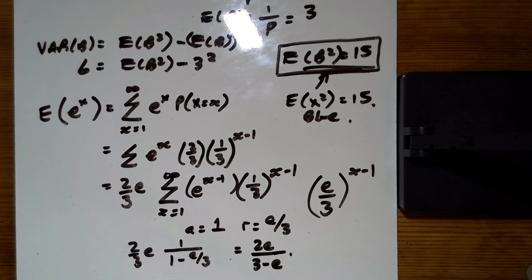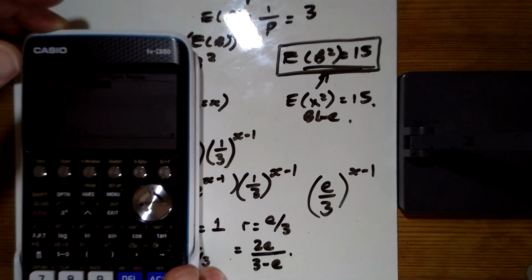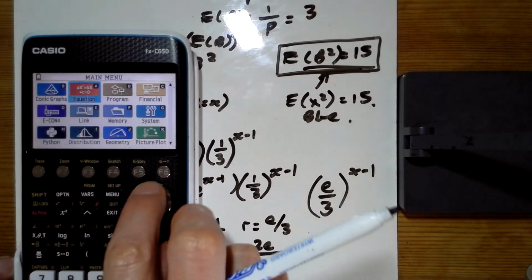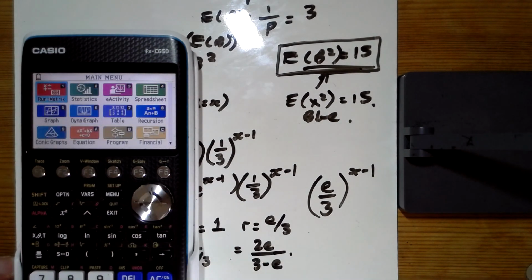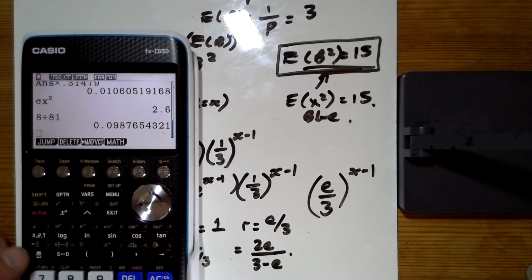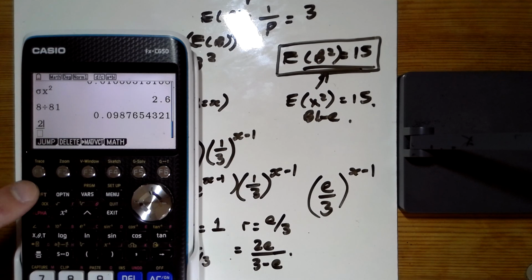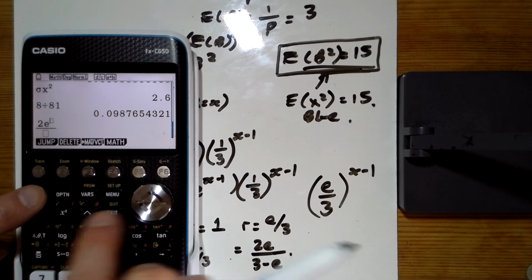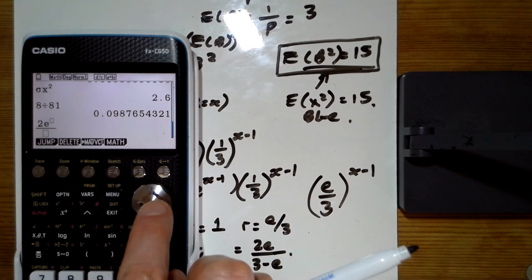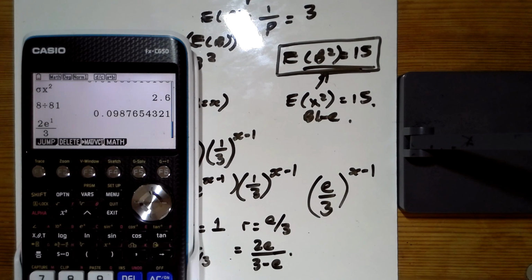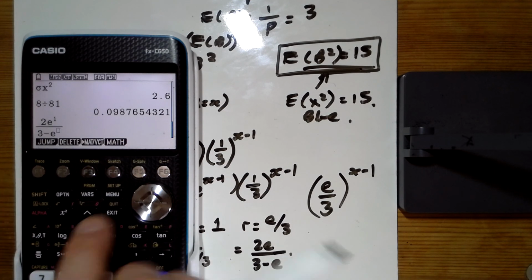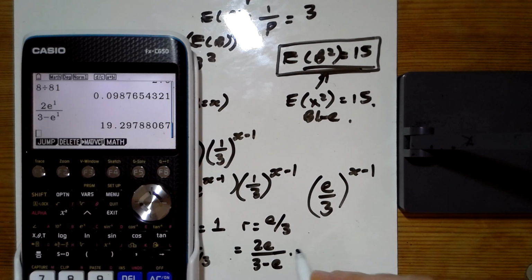Is that it? Yeah, I think that's it. Right, all I'm going to do now is figure out what that works out to give. So the fraction 2e over 3 minus e gives 19.29788.